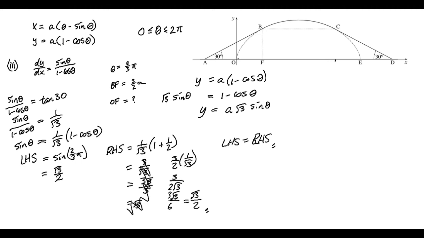Okay, this 2/3 pi is less than half pi, which corresponds to this. 2/3 pi is less than 1 pi, which corresponds to the top, the maximum. So this has to be on the left.